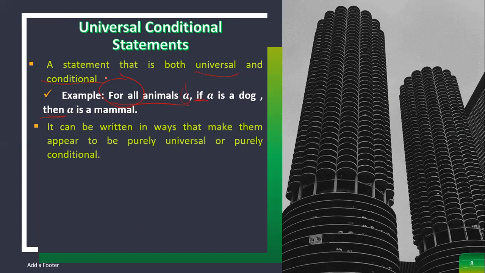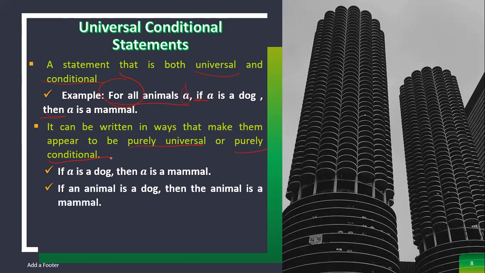Now, this universal conditional statement can be written in ways that make them appear to be purely universal or purely conditional. How? Let's take this one. If A is a dog, then A is a mammal. So, if an animal is a dog, then the animal is a mammal.